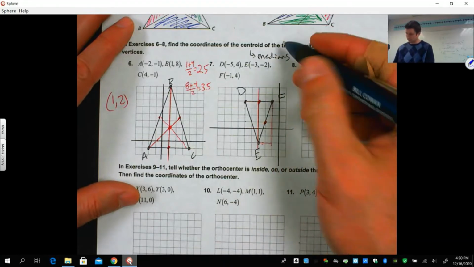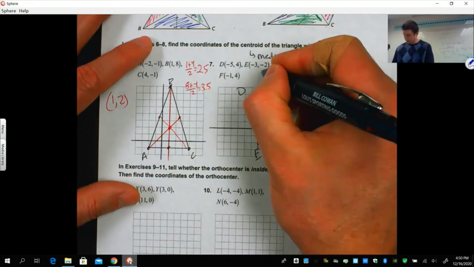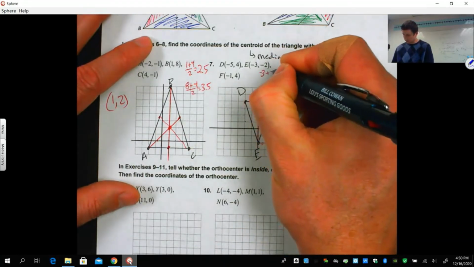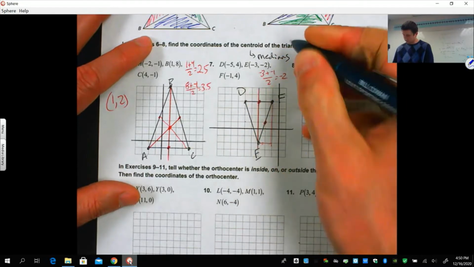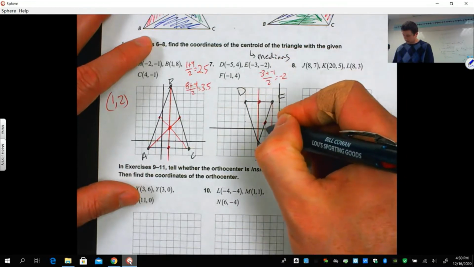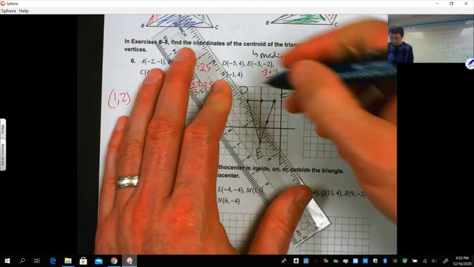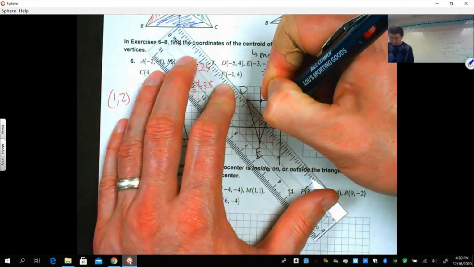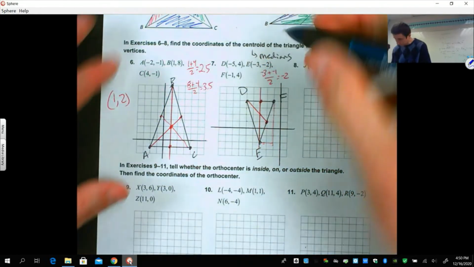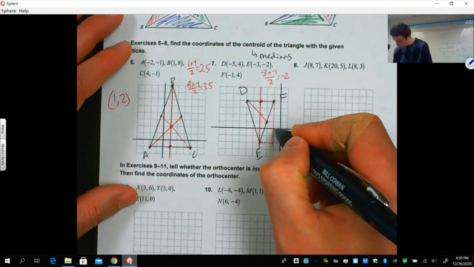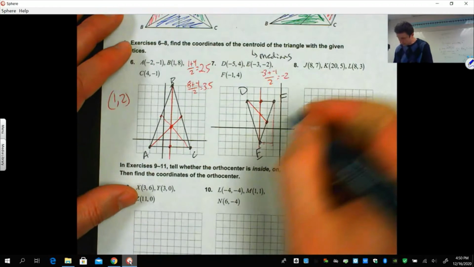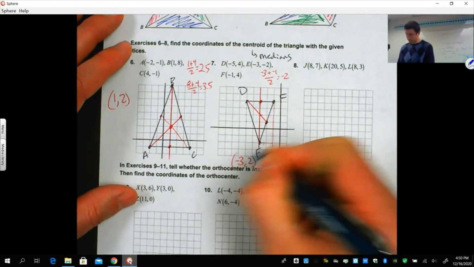Again, you can use the formula for E and F. Negative 3 plus negative 1 divided by 2 is negative 2. So at negative 2, it'd be right there. Negative 2, 1 if you check the y values. Connect that to the opposite side. That puts my centroid right there. Go back to your origin. 1, 2, 3, 1, 2. So negative 3, 2. Negative 3, 2.